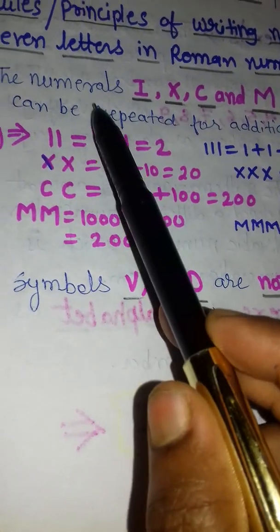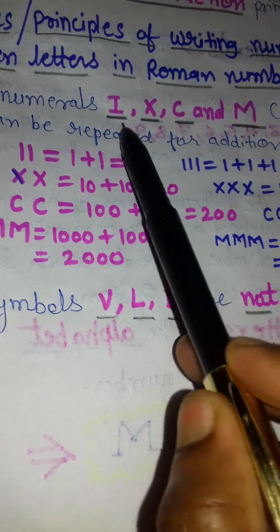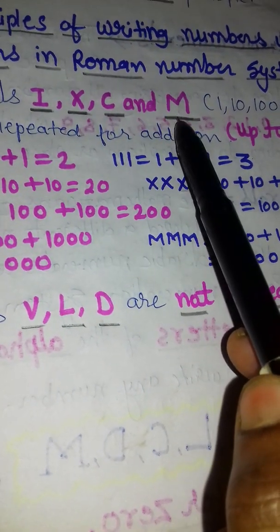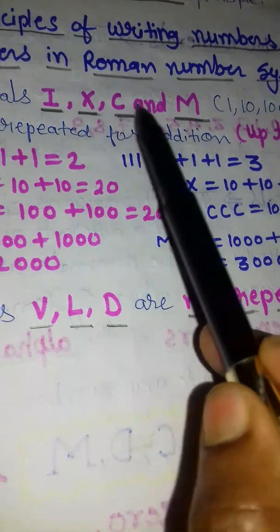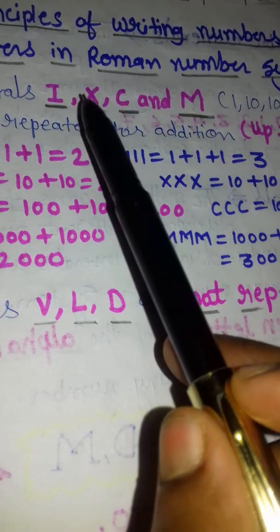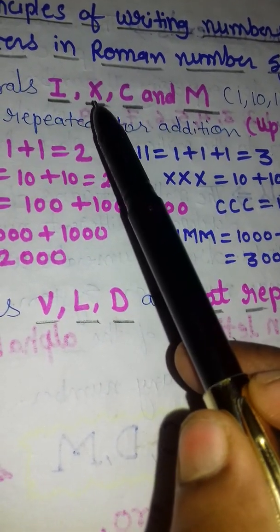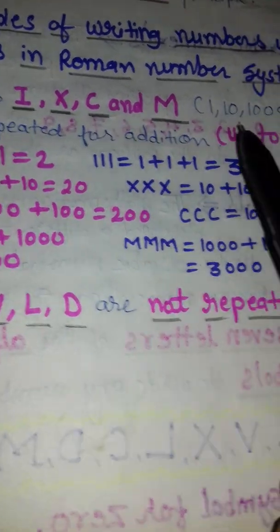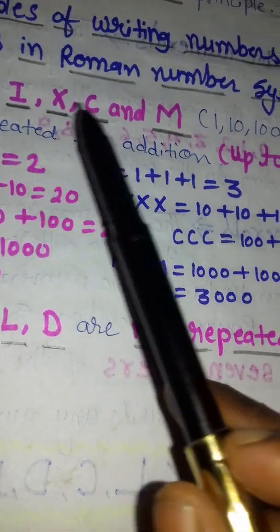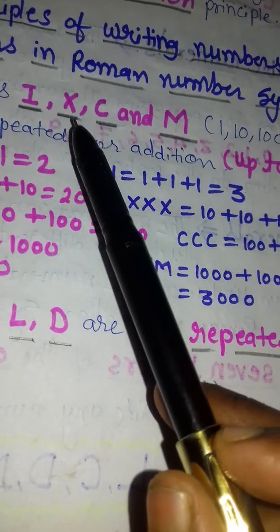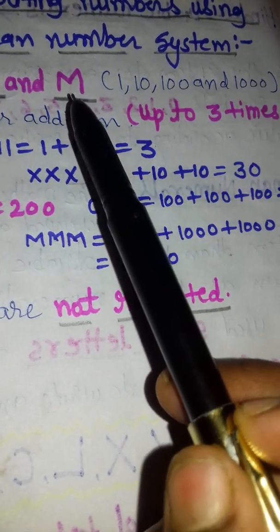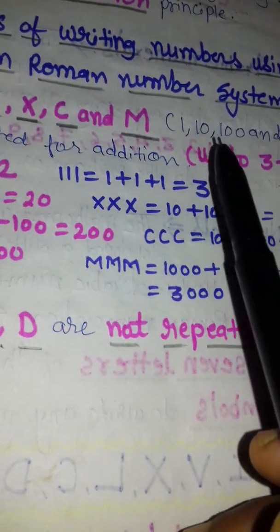So the symbols I, X, C and M. Remember, students, these 4 symbols I, X, C and M. Which values according to Hindu-Arabic? I stands for 1, X stands for 10, C stands for 100 and M stands for 1000.